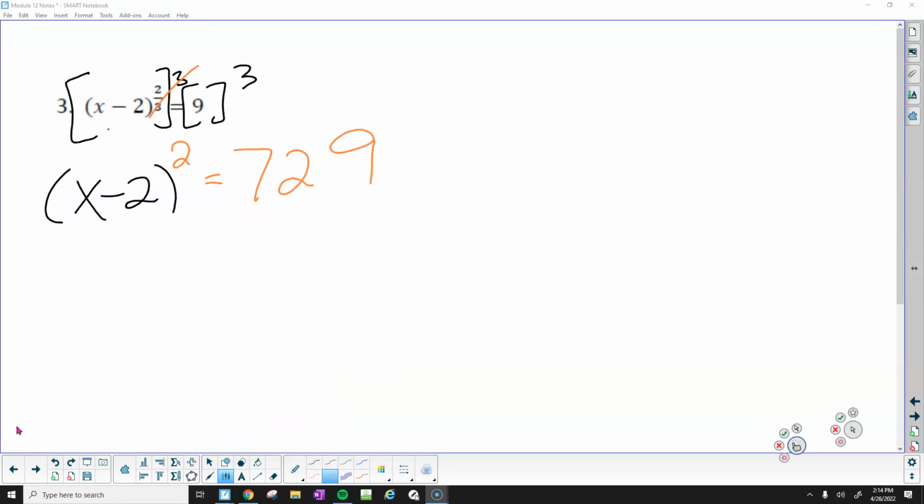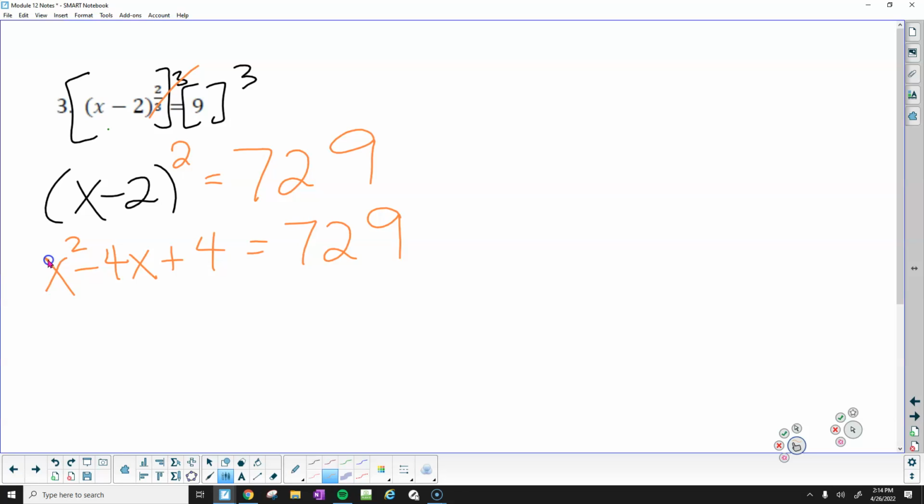After we raise everything to the 3rd power, we get this. Again, y'all need to be able to just rattle that off. What is that? x squared minus 4x plus 4. Good. All right, do you have an x squared term?